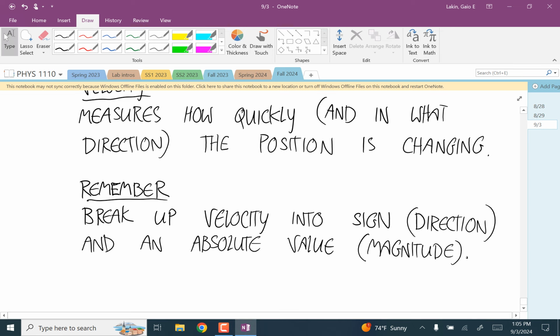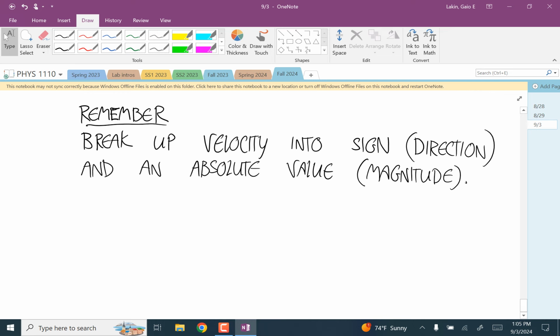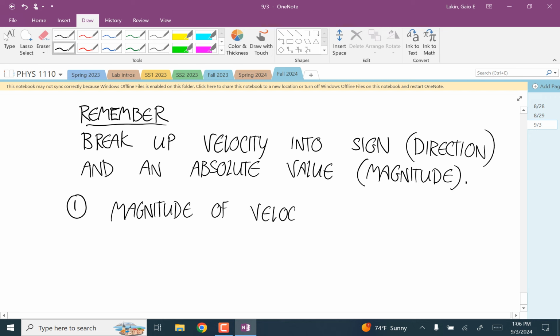And here are the meanings of those two things. First, the magnitude of the velocity is the speed.